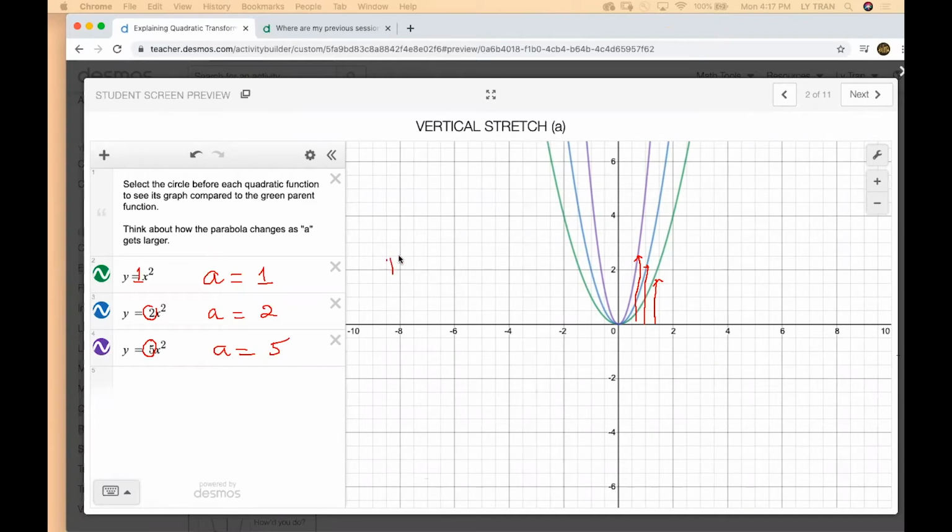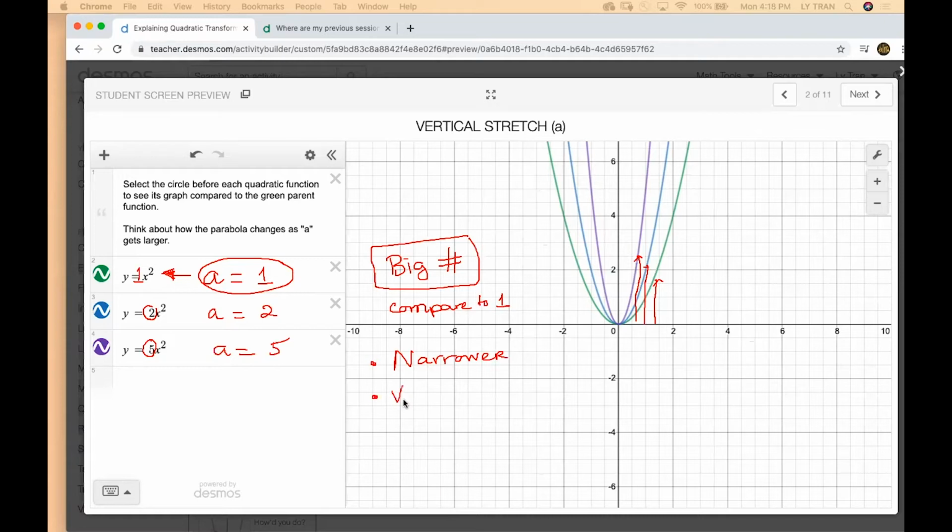So in summary, if we have a big number, always compare with 1, okay? This is our parent function. Whether you like or you don't like your parent, we only have one parent, and I hope you love your parent. I do love my parents so much. So here we go. If I have a big number compared to 1, then the graph is going to get narrower, and the word you're going to call that is vertical stretch.